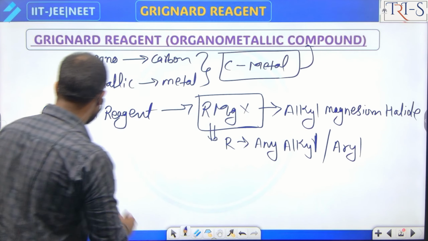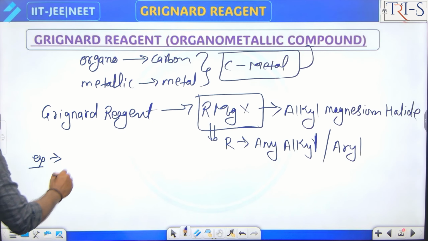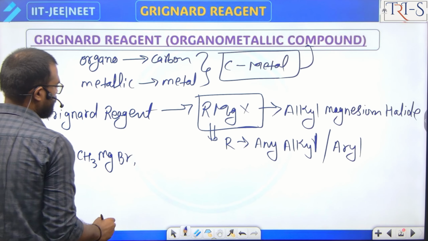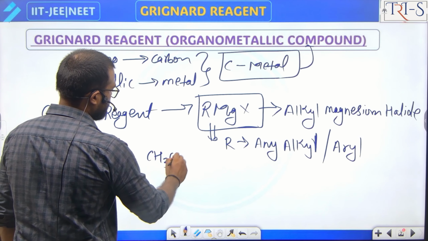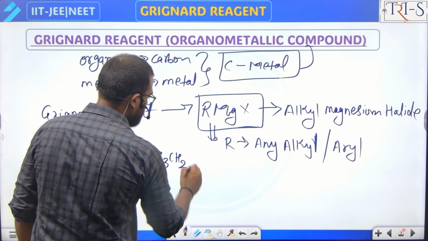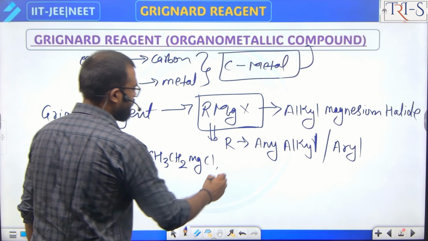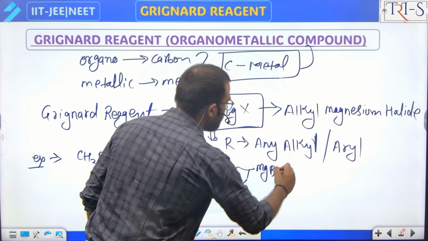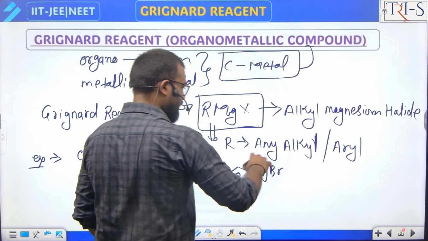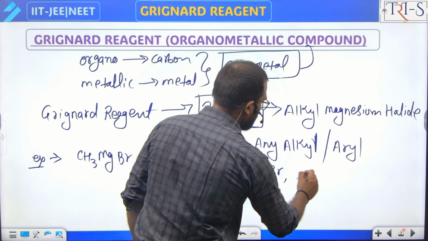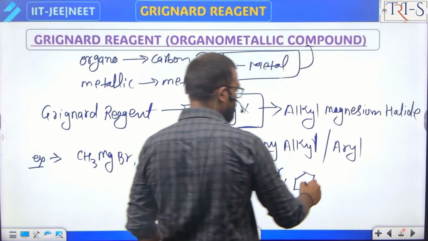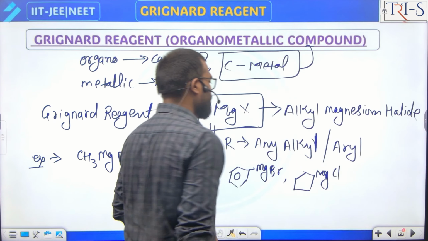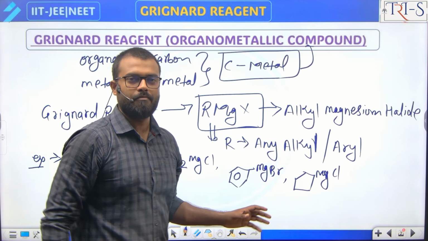It may be a CH3MgBr type compound, CH3CH2MgCl, or phenyl magnesium bromide, with any halide except fluorine: any alkyl magnesium chloride, bromide, iodide except fluorine.